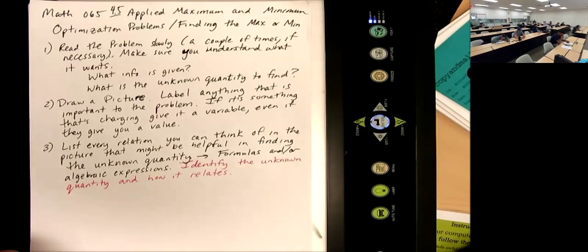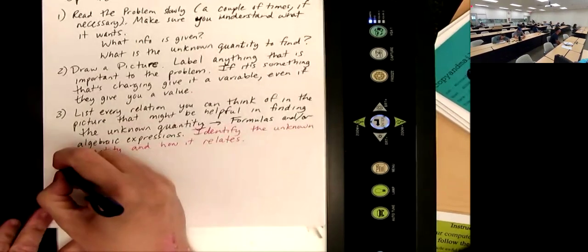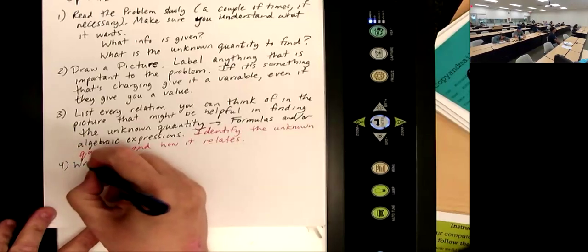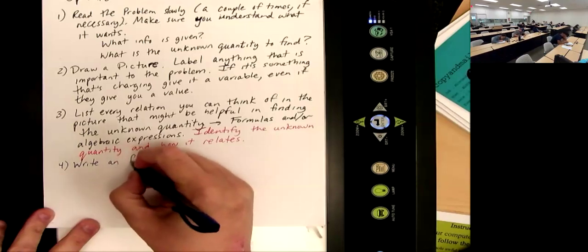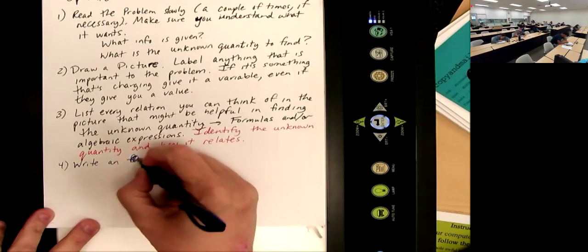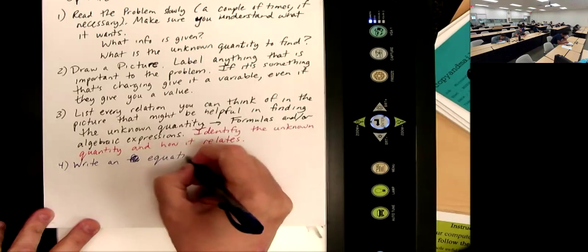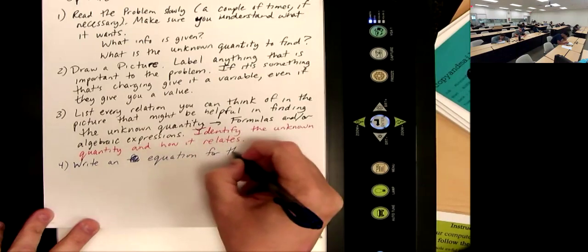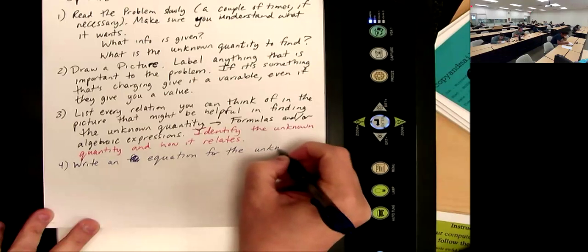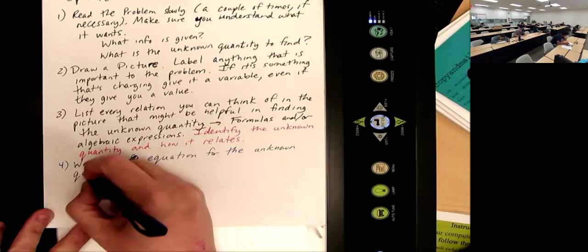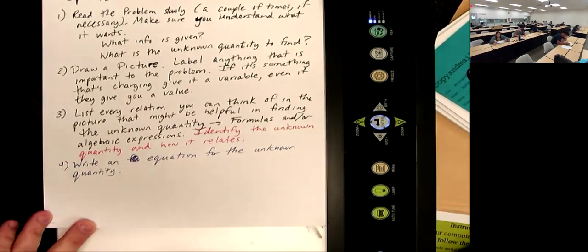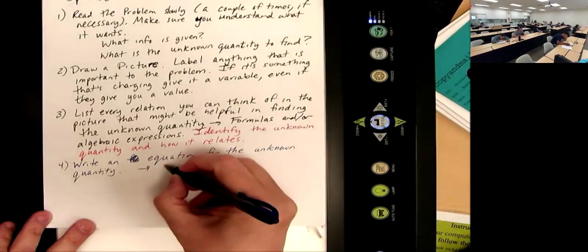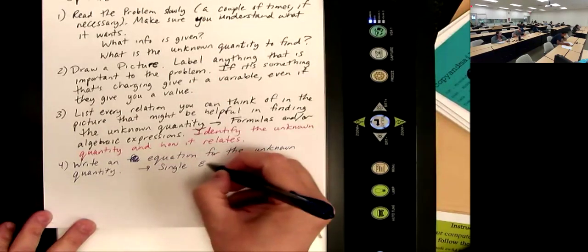So, oh wow, it's just coming apart on it, okay. So write the equation, or an equation, for the unknown quantity. You might be able to get it down to a single equation with one unknown.